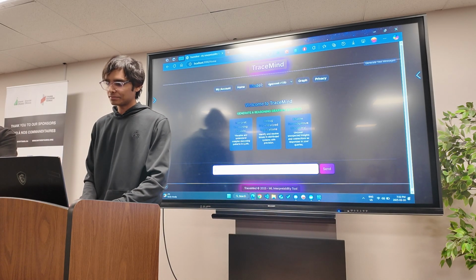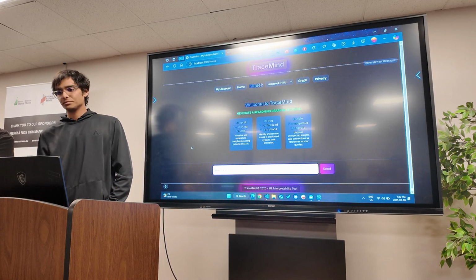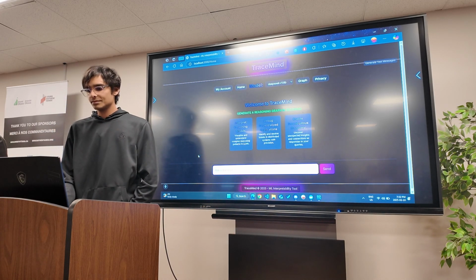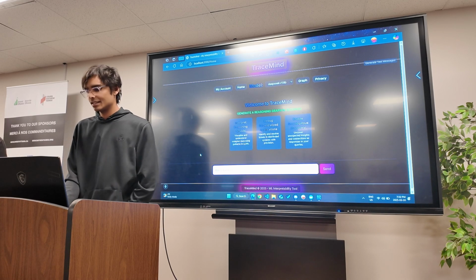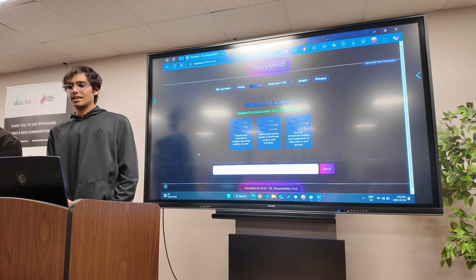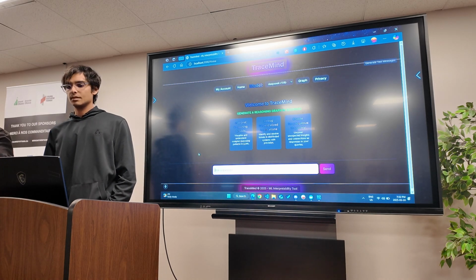The idea was to visualize the reasoning in a graphic, for developers and also for non-technical users, so they can see how the model came to the answer.